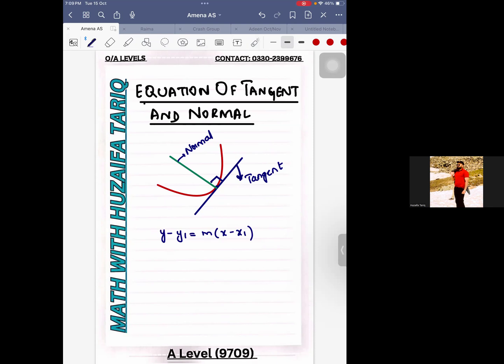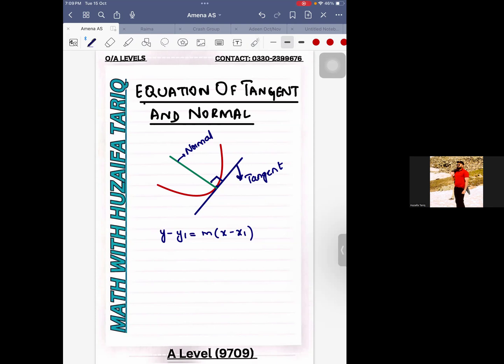If we want to calculate the equation of a tangent, there is a need of the gradient, that is m. And how can we calculate the gradient? We can calculate the gradient by using the derivative, the method of differentiation.